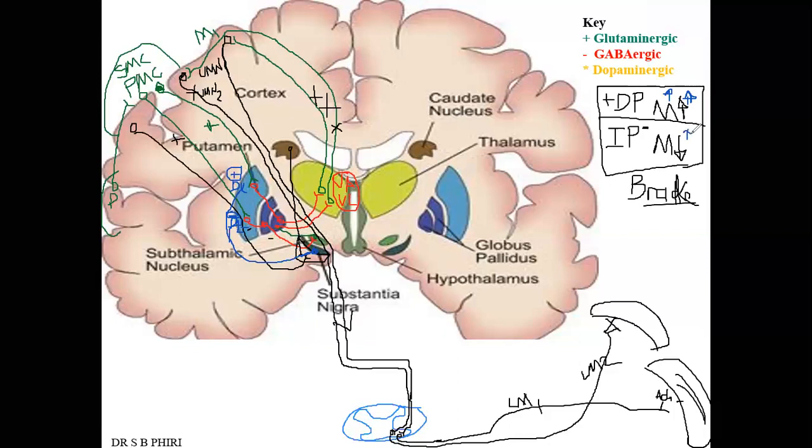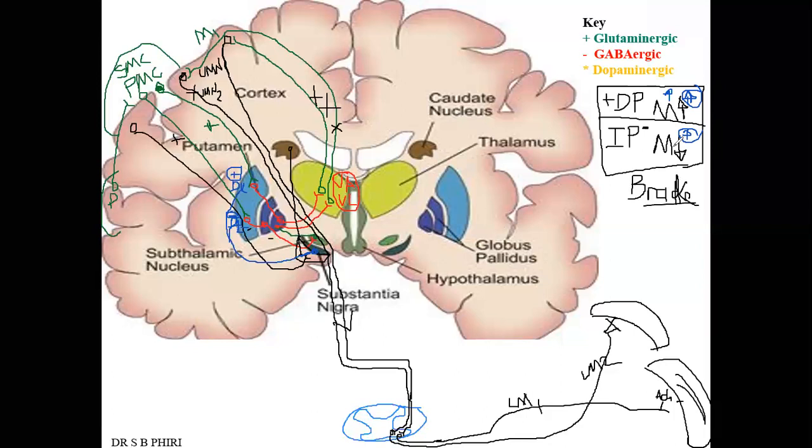So you find that the effect of the dopaminergic neurons that are coming from the substantia nigra pars compacta, overall, they're going to increase movement because they are facilitating the direct pathway, then they are inhibiting the indirect pathway.